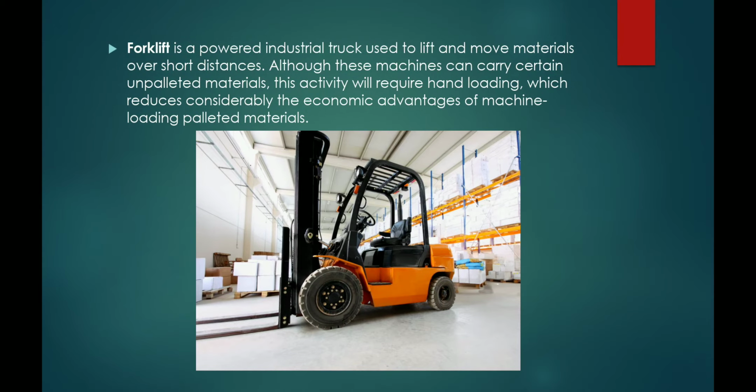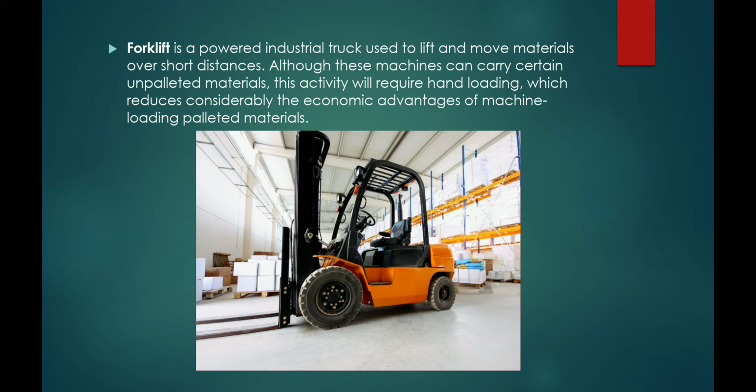Forklift. A forklift is a powered industrial truck used to lift and move materials over short distances. Although these machines can carry certain unpalleted materials, this activity will require hand loading, which reduces considerably the economic advantages of machine loading palleted materials.